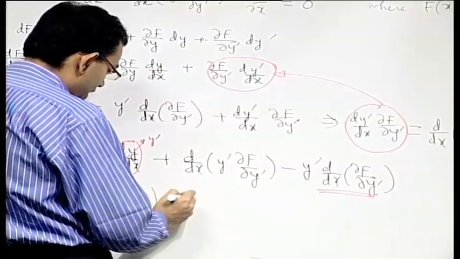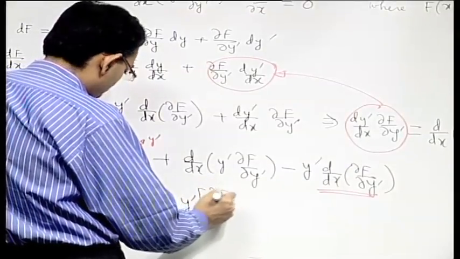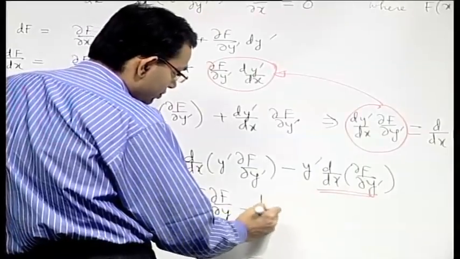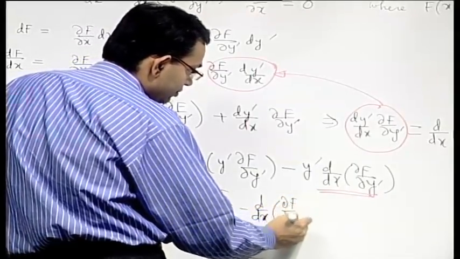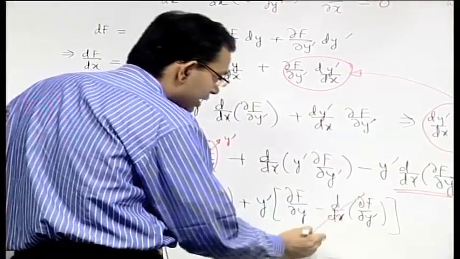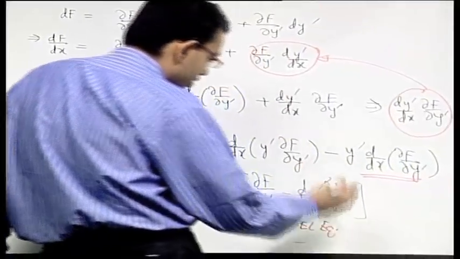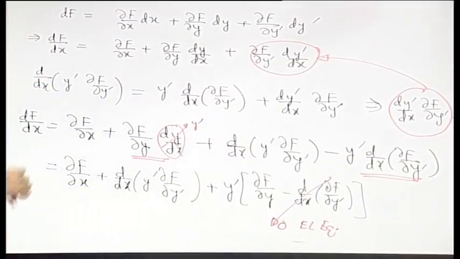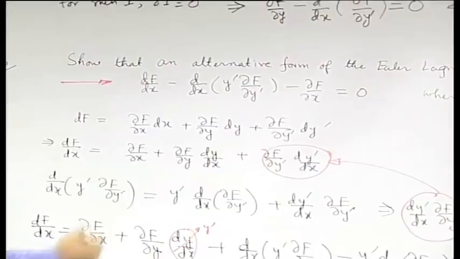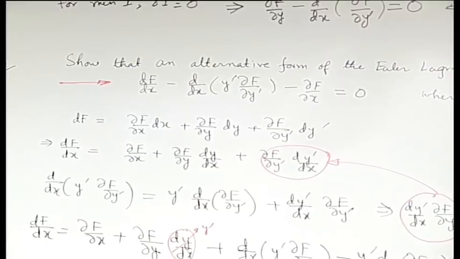So, plus y prime into del f del y minus d/dx of del f del y dash. The last term in the square bracket is 0 because this is the Euler Lagrange equation. So, this is the Euler Lagrange equation that is equal to 0. So, then we are left with the equation that we have to show if you bring all terms in one side, that completes the proof. So, that is the first part of the problem.